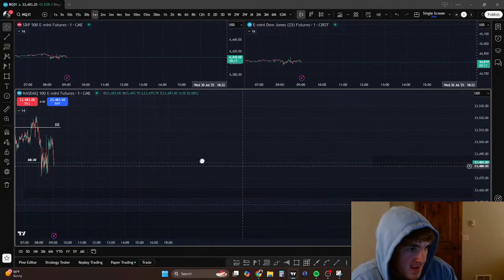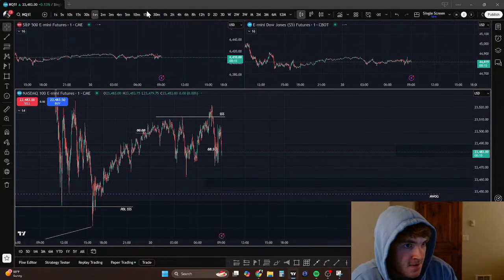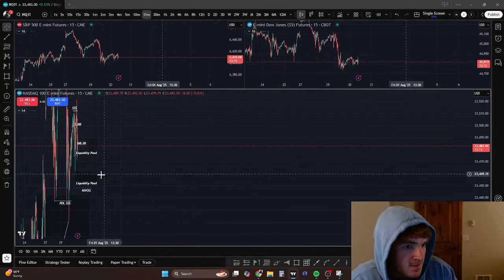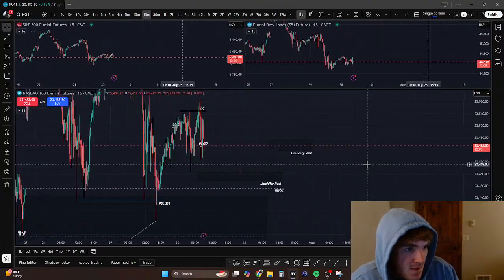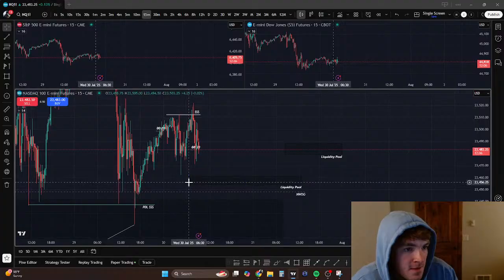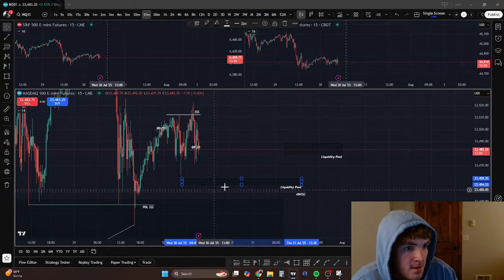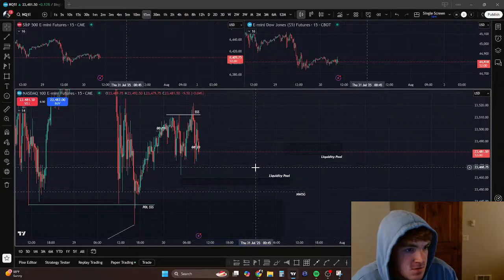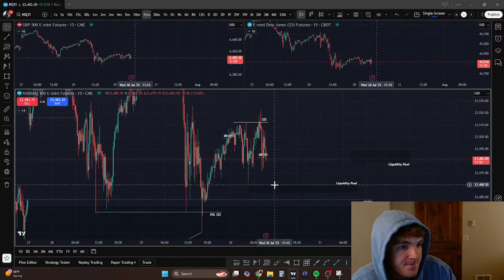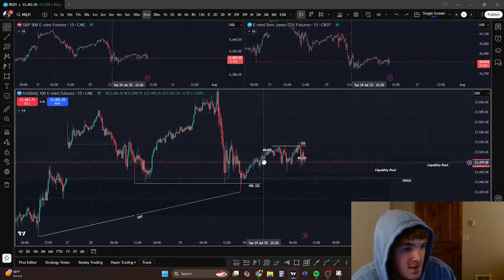Once again, I could see us purging this area. See that as a liquidity pool. Then maybe we could get a move back up. I don't know, we're just going to have to wait and see.